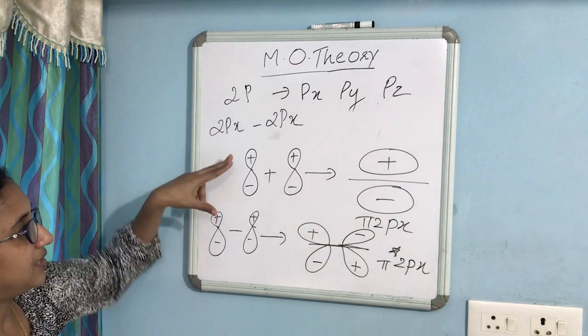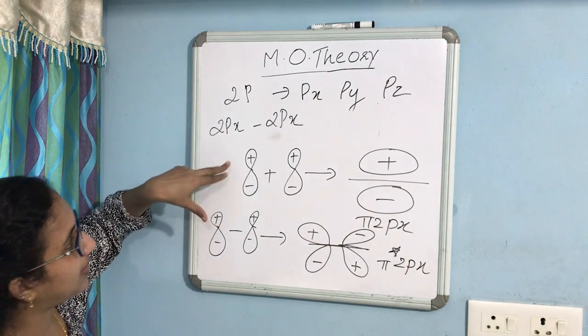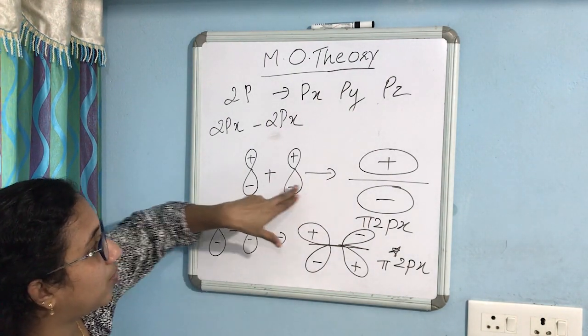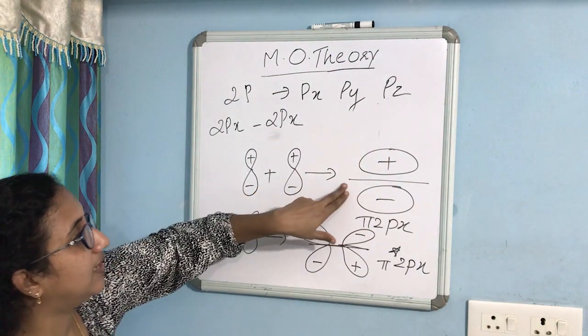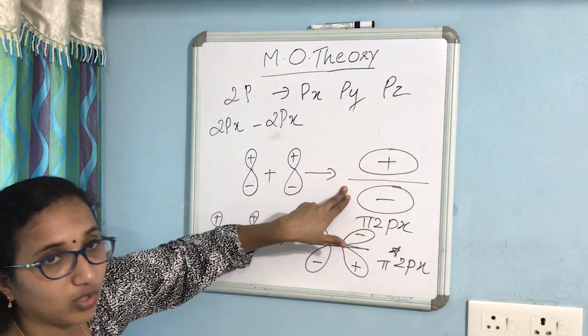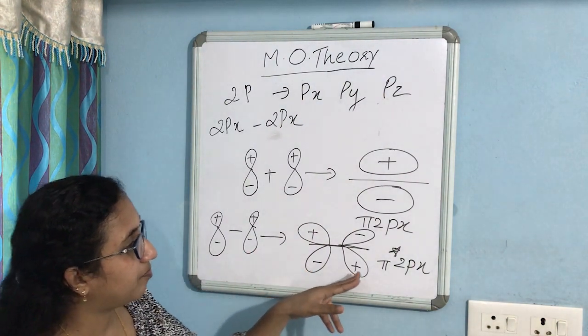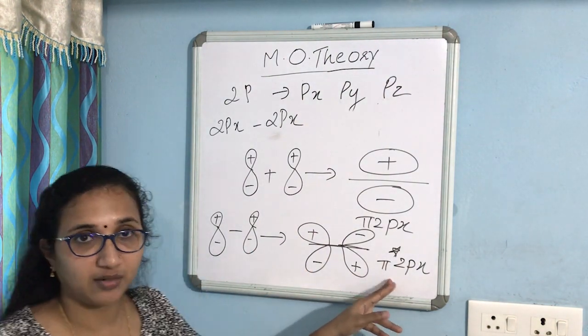So this is the shape of the px atomic orbital. 2px and 2px combine by addition to give pi 2px bonding molecular orbital, and they combine by subtraction to give pi star 2px anti-bonding molecular orbital.